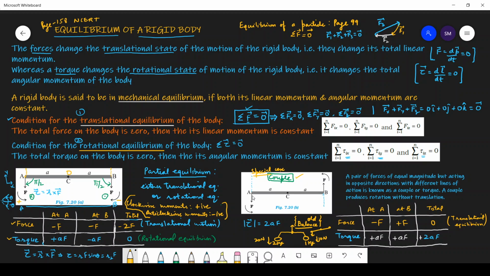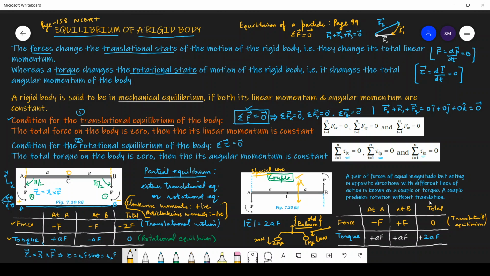The line of action must be different, then only there will be rotational motion. Is this clear? If I am applying a force over here and an equal and opposite force, but they are along the same line of action, there will be no rotational motion, and a couple will not be formed. So a couple will only be formed when there are equal and opposite forces along different lines of action. So in this case, a couple will not be formed.